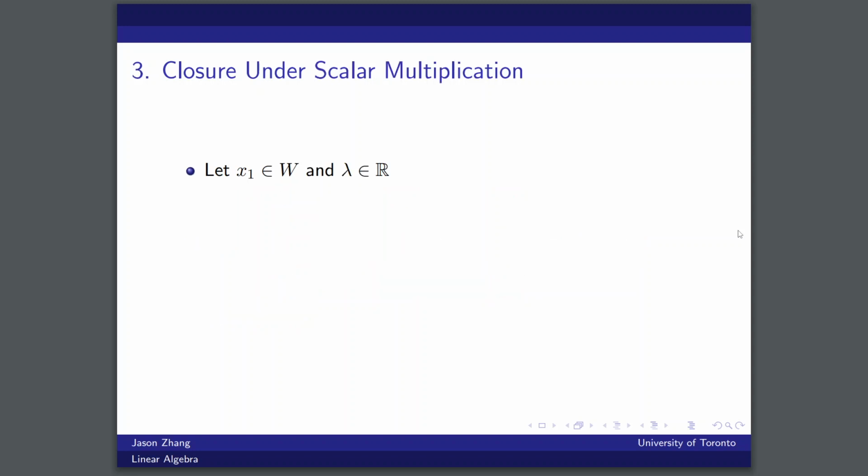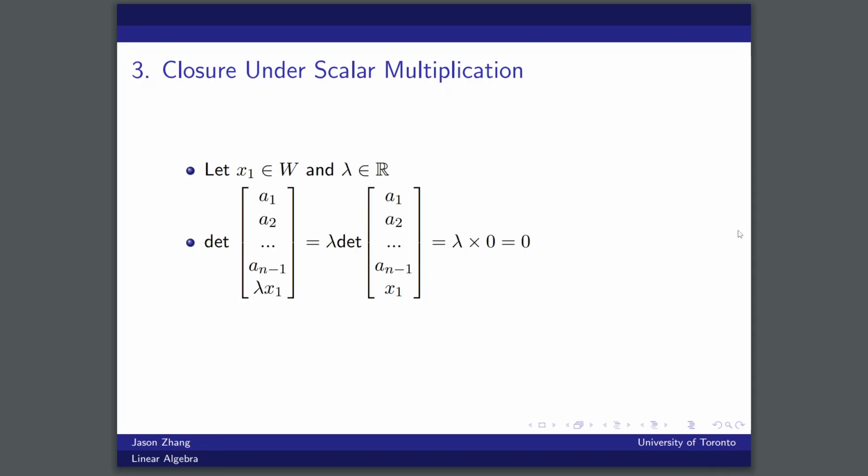The final property we want to show is that we have closure under scalar multiplication. So we let vector x1 belong to W, and we choose just any arbitrary scalar lambda to be part of R. And we want to show that the determinant of this matrix, where the last row is lambda x1, is equal to 0. And the way in which we do this is we use the property of scalar multiplication for the determinant.